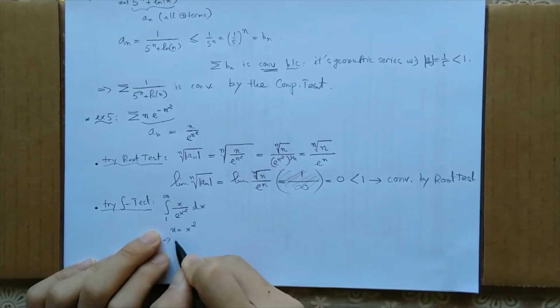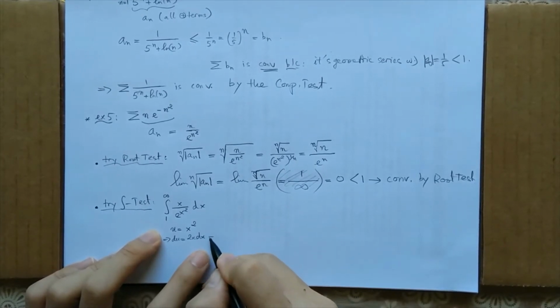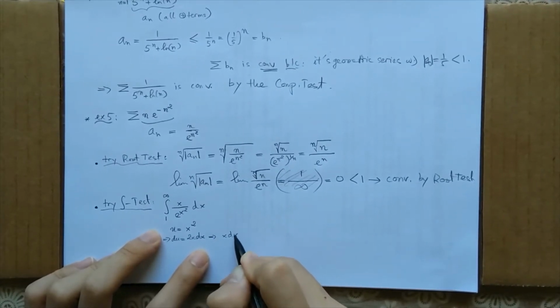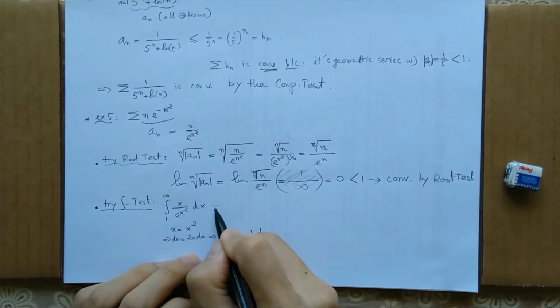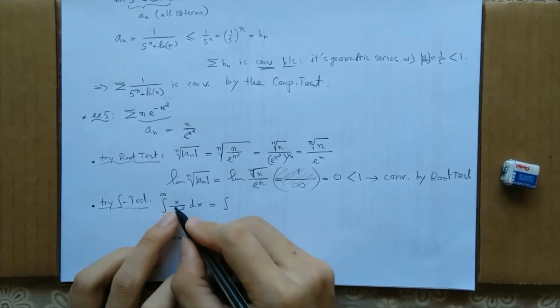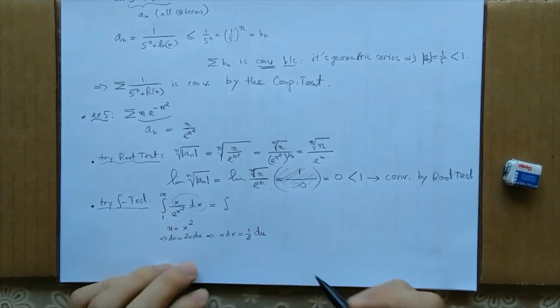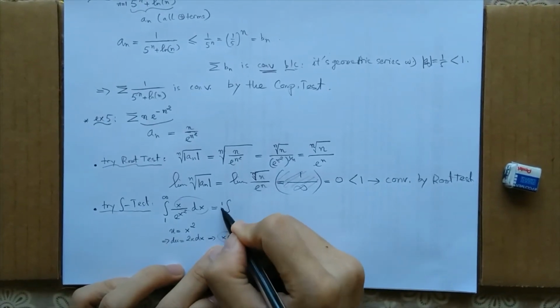You get du equals 2x dx, and that implies that x dx can be replaced by 1/2 du.